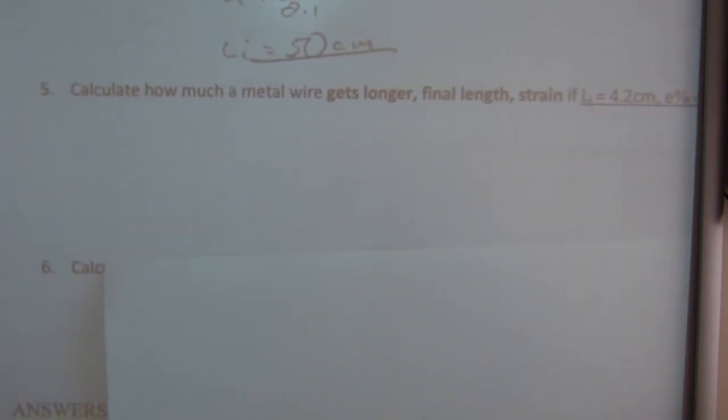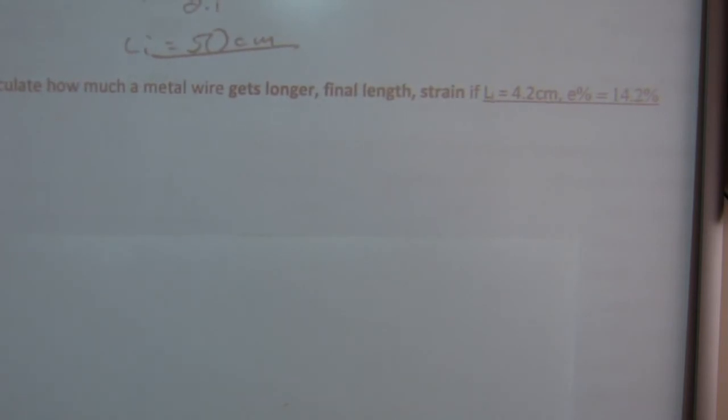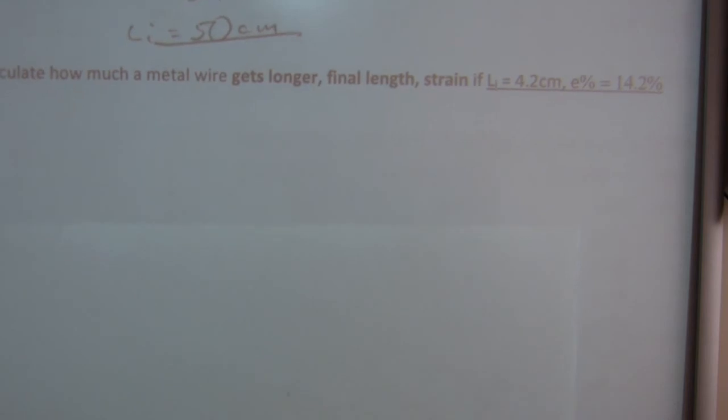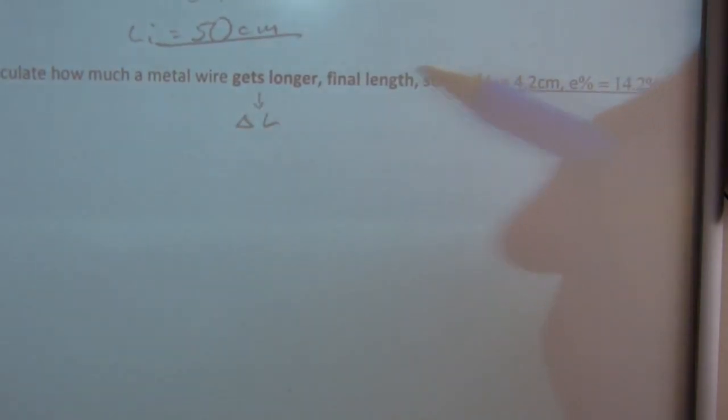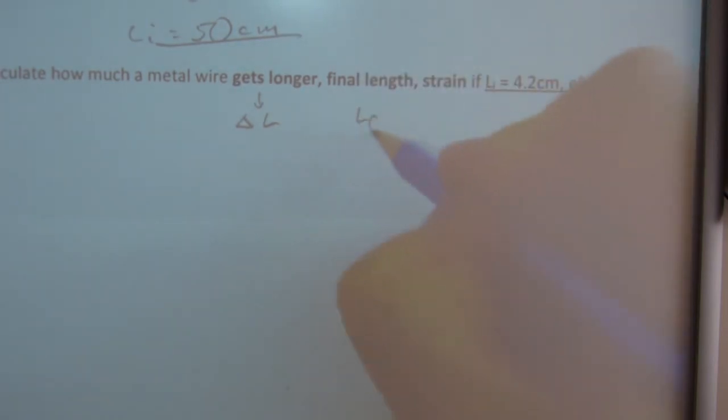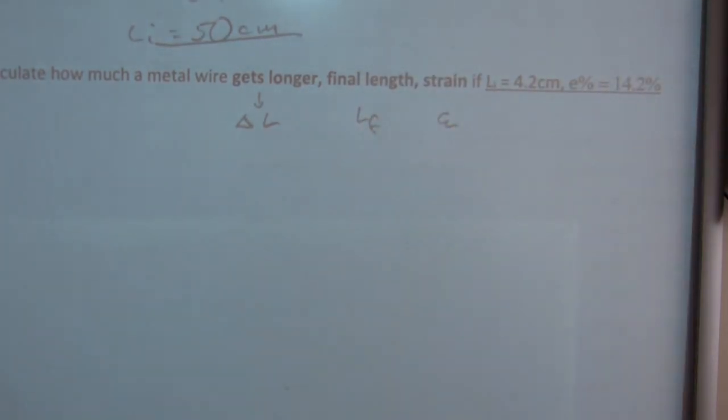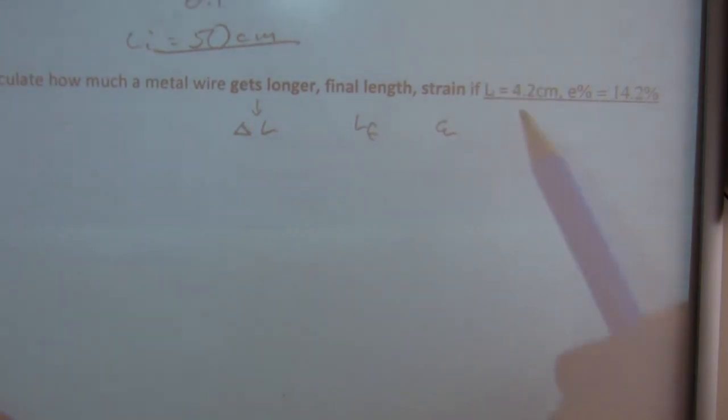Next one is even more difficult than the previous one. The reason for it is that it's going to need two equations ultimately. So it gets longer again, that's implied, that's delta L. Final length is final length, strain is strain. So those are all the requested information, and what's given is initial length and elongation percent.